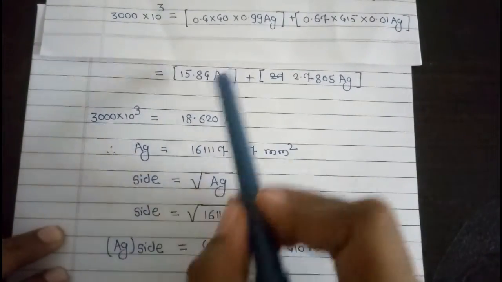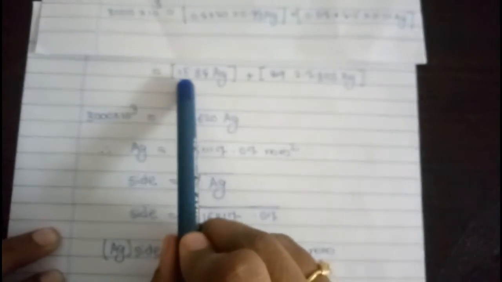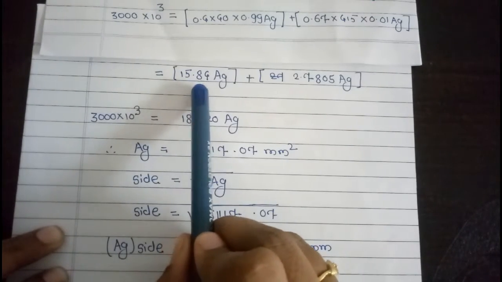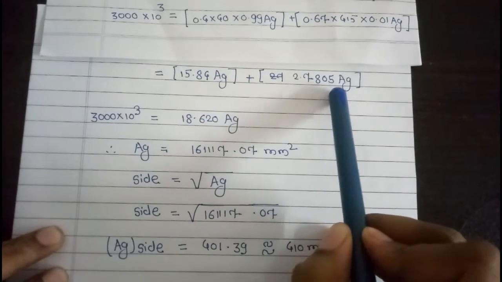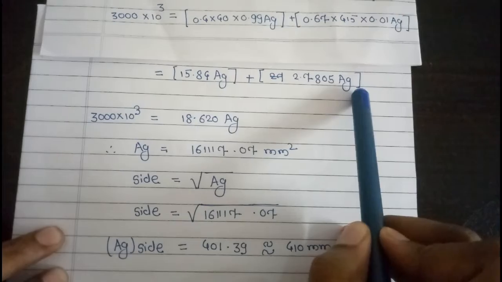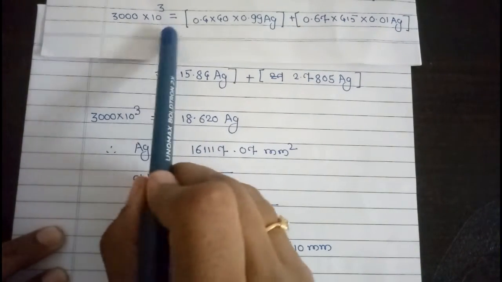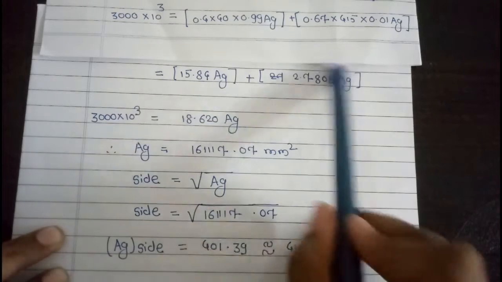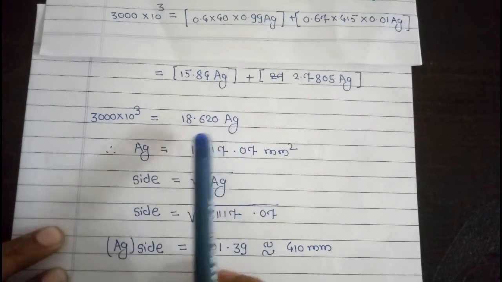So solve this equation, then we get 15.84 Ag plus 2.7805 Ag, right? Then factored load 3000 into 10 cube. Solve this equation, then we get 18.620 Ag.